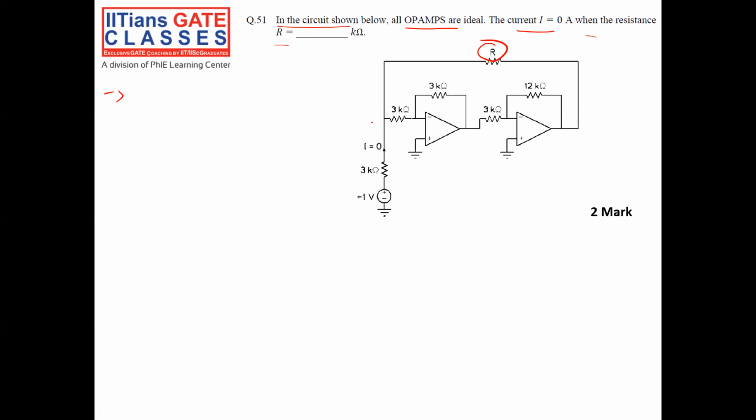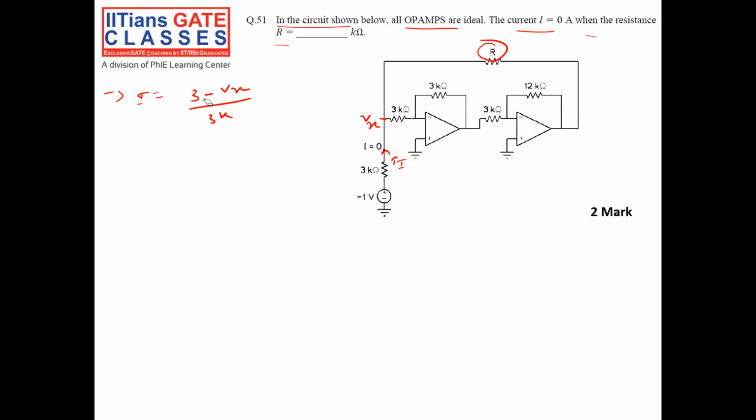Since here I am applying 1 volt, suppose this node will be Vx. Current I is equal to 1 volt minus Vx by 3K. Suppose this node voltage is Vx.